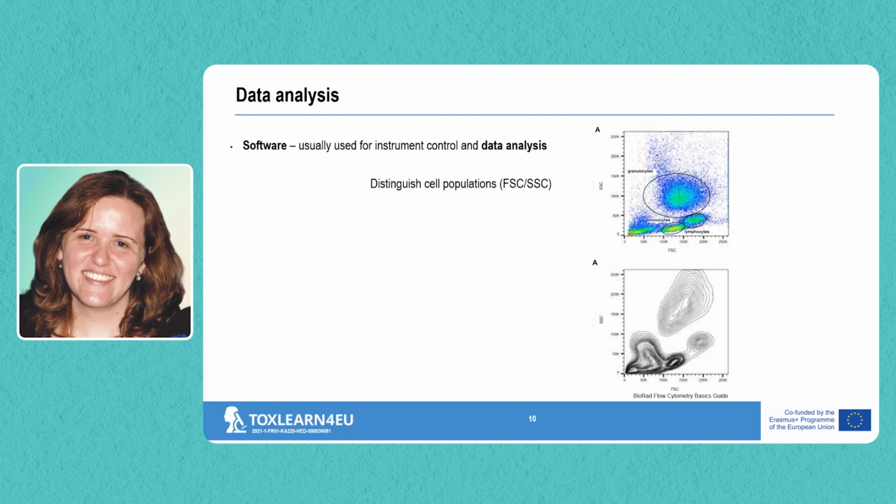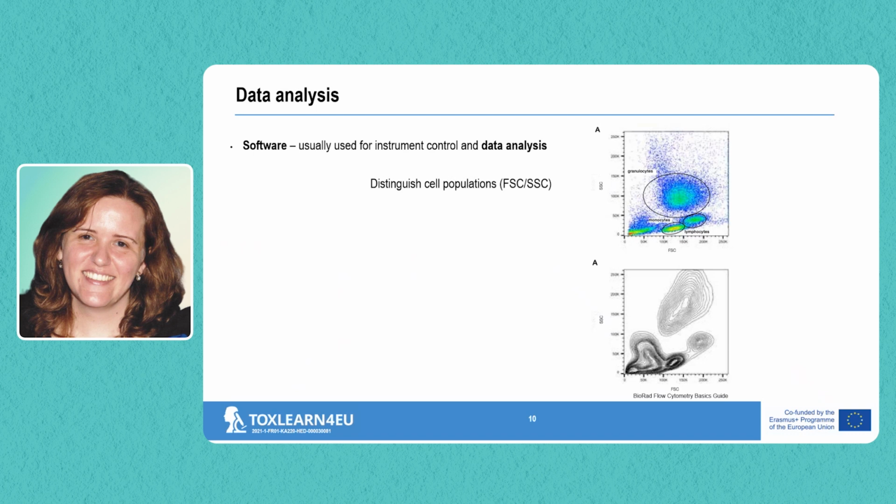What we usually do in any method, regardless of the purpose of the method, is that we start by distinguishing cell populations, and we do this by using forward scatter and side scatter, as I was showing you.